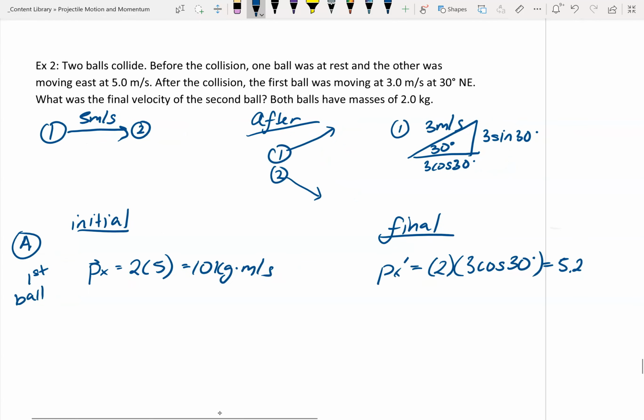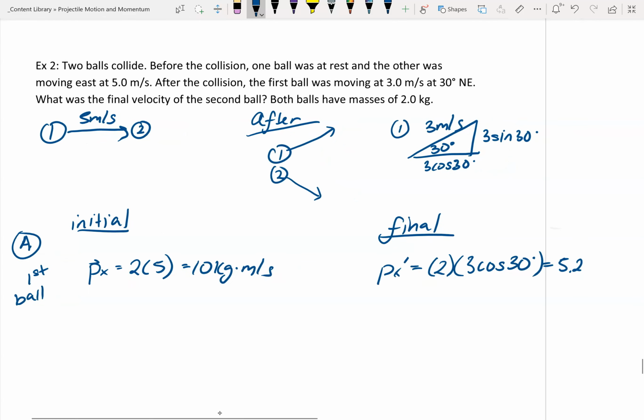Now we're going to look at total initial and final momentum. For our initial, we're looking for px for the total, which is going to be our first momentum in the x direction plus the second momentum in the x direction.